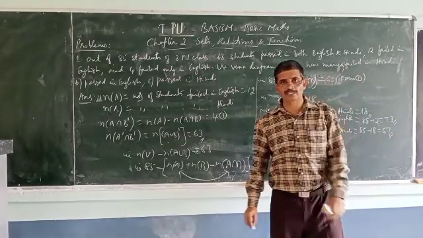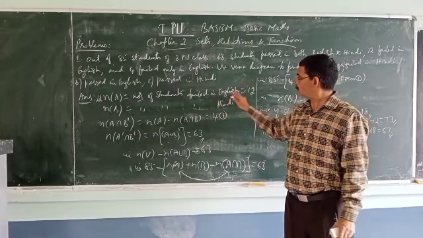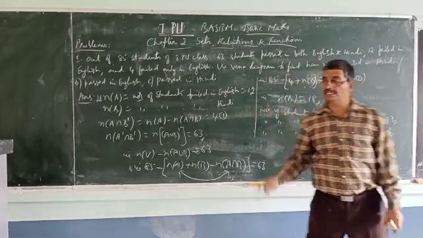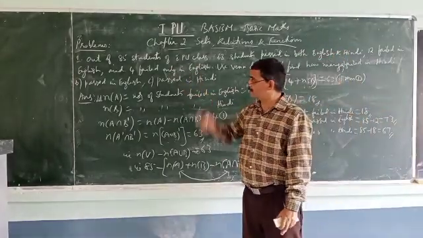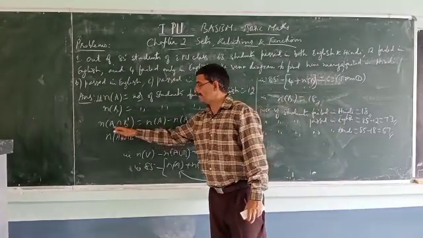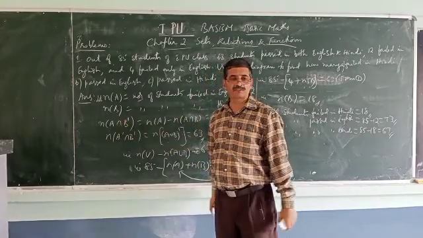Students, observe what I have done. I have considered N of A as the number of students who failed in English, because the information I have is that 12 failed in English and 4 failed only in English. So how to relate N of A intersection B dash, or N of A minus N of A intersection B?